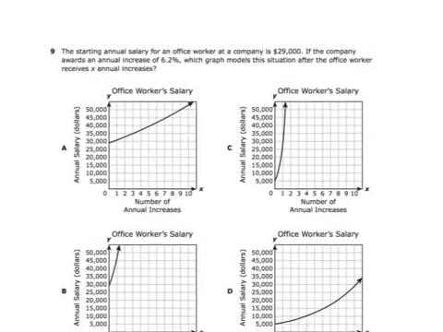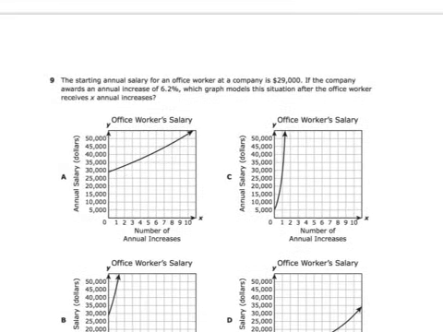So let's talk about when we might want to do this. Here we have a question, from, I think, the 2017 STAR test. In this question, we're talking about an office worker who has a starting salary of $29,000 and is going to be given a raise each year. The equation that we would write with this, we know it's exponential.